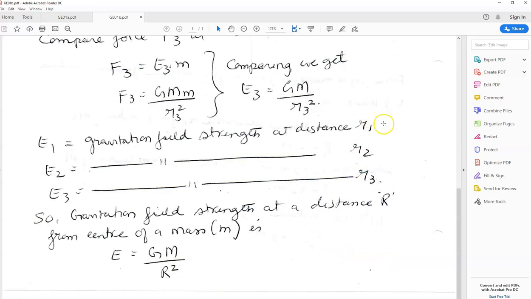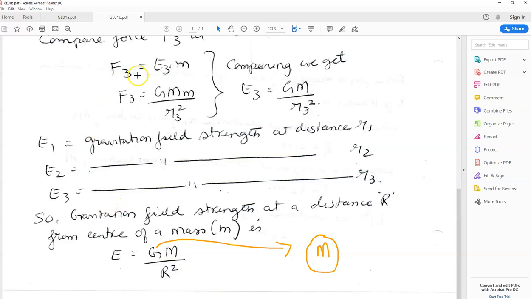So you can generalize this and say that the gravitational field strength at a distance r from the center of the mass M will be GM by r squared, where G is the universal gravitational constant and M is the mass that is producing the gravitational field.